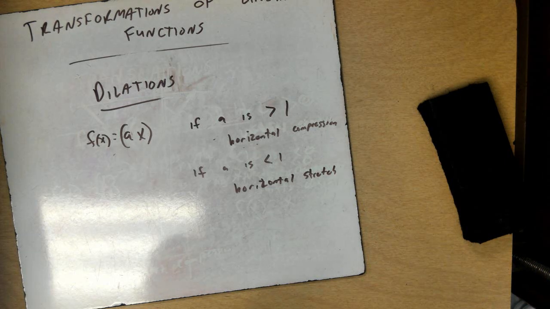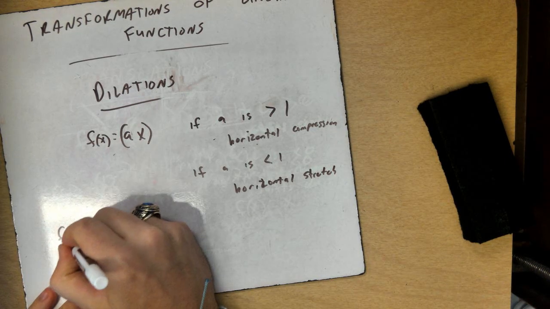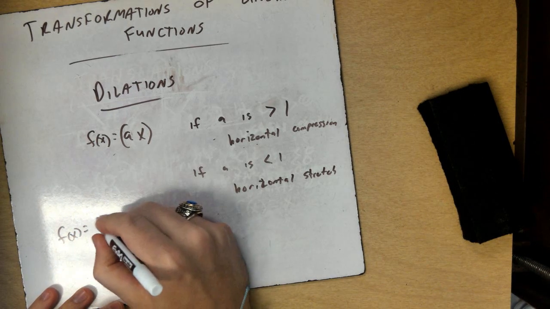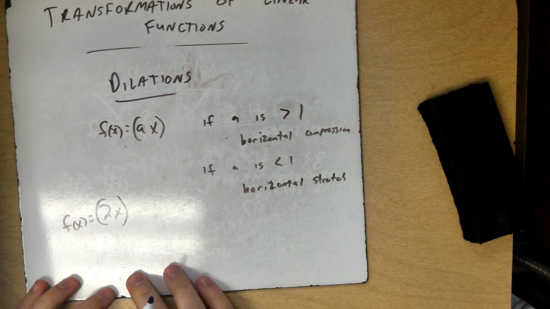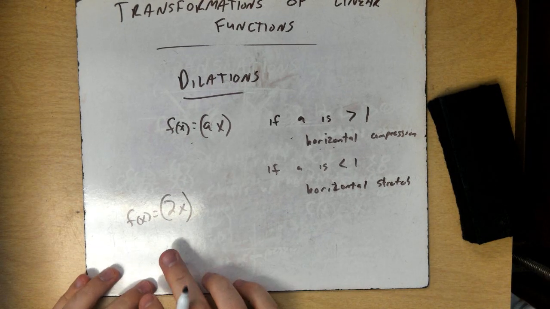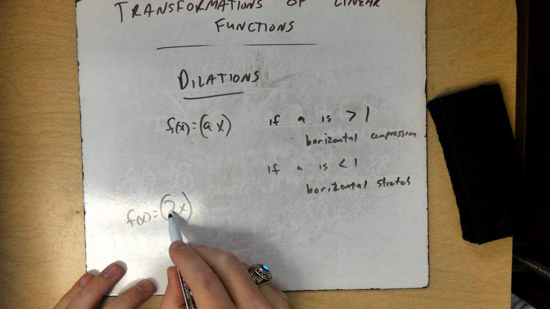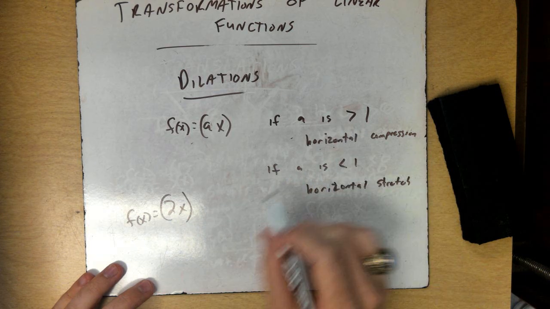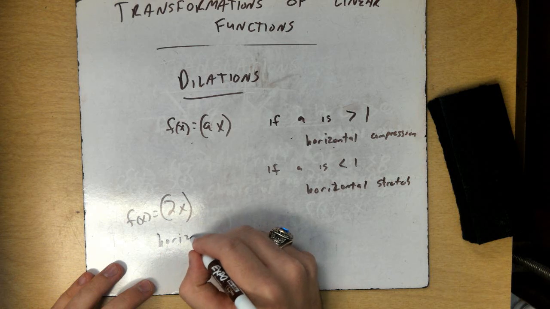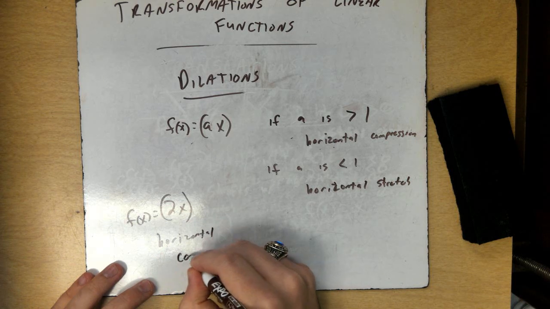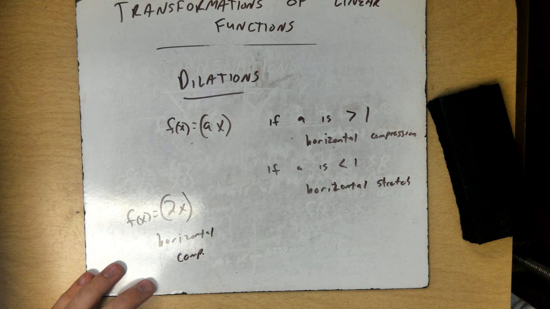So let's say I had this. F of x equals 2x. Everything in parentheses, right? If I have this, my A is greater than 1. So here, and because it's in parentheses, I have horizontal compression, okay?